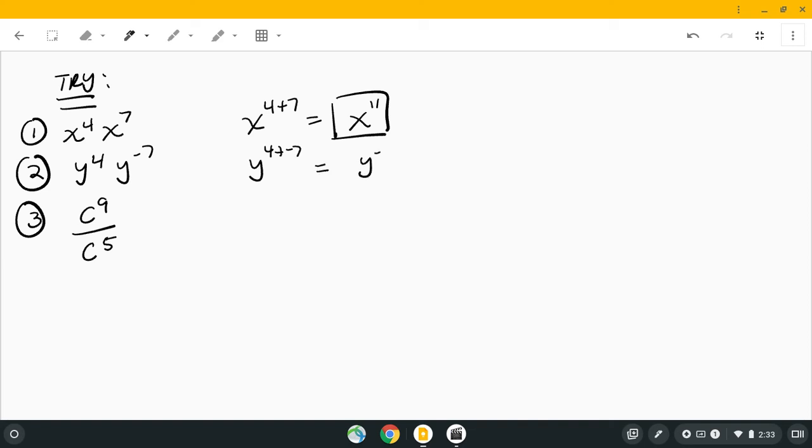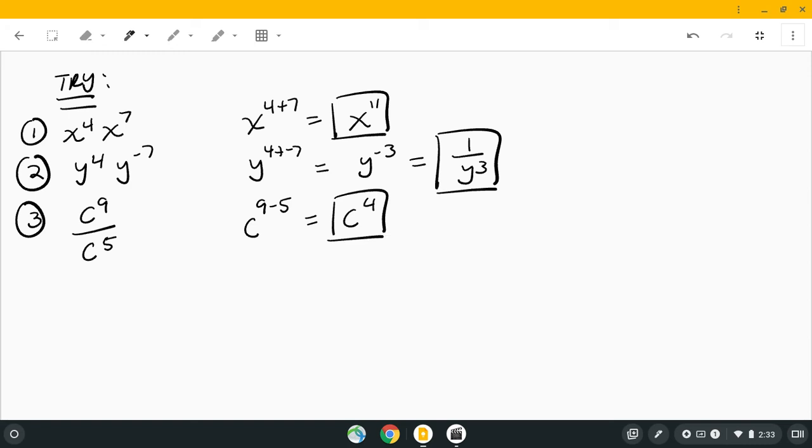And that's going to be y to the negative 3. But we don't want to leave it with negative exponents, so let's take the reciprocal of that. So it's 1 over y to the third. And then this one down below, we are going to subtract, and we get c to the 4th power.